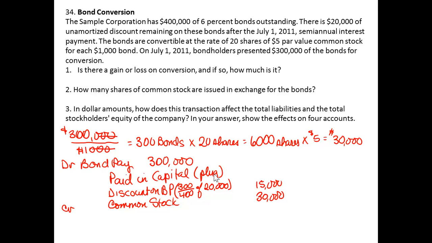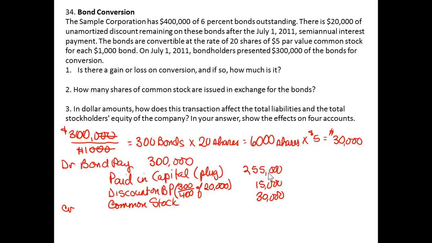Because this represents what the investors were willing to contribute above and beyond the par value to own the stock. So the paid in capital plug is $255,000.